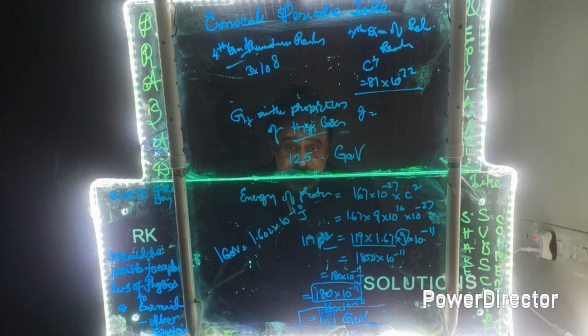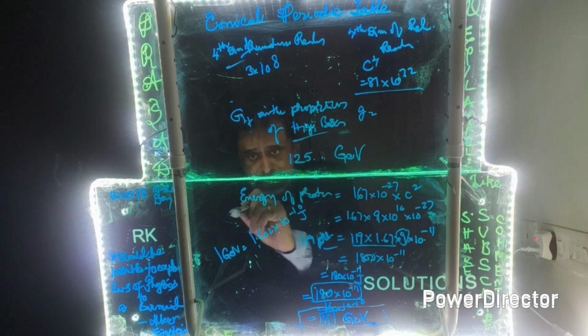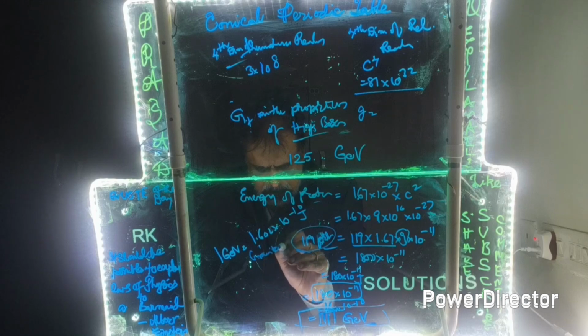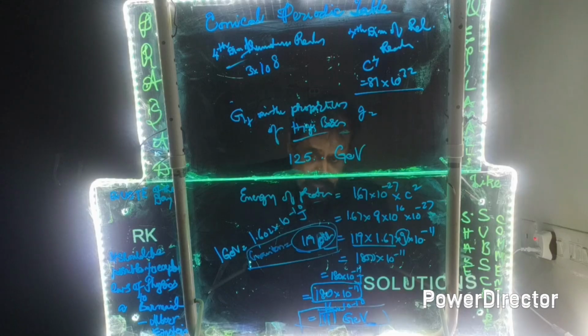So 119 protons will have an energy of 111 giga electron volts. That is one way to come up with a value for the graviton, if you consider this as graviton, and it is pretty much near 125 of the Higgs boson.